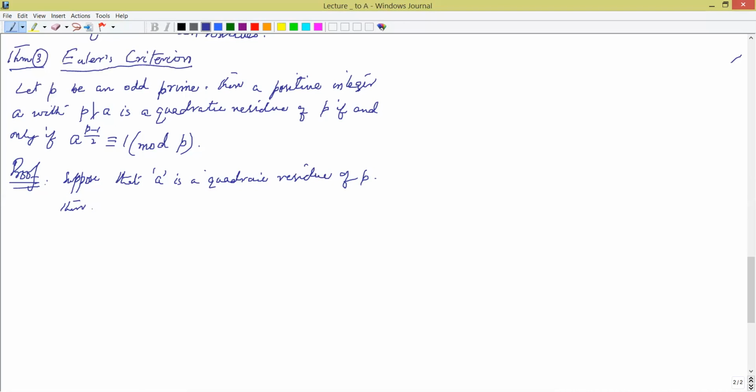Then by definition the quadratic congruence x squared congruent to a modulo p is solvable, and by lemma 1 it has exactly two incongruent solutions. So it has a solution.